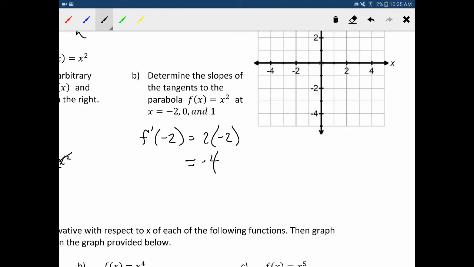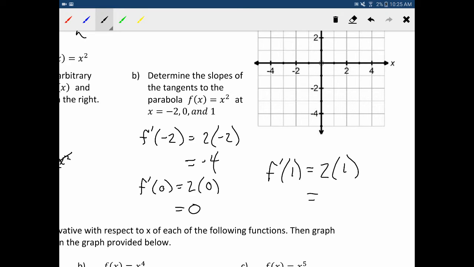The slope of the tangent of x squared at x equals negative 2 is just negative 4. Similarly, f prime of 0 is 2 times 0, so it equals 0. And finally, f prime of 1 would be 2 times 1, so it's equal to 2. So the slope of the tangent at x equals 1 would be 2.